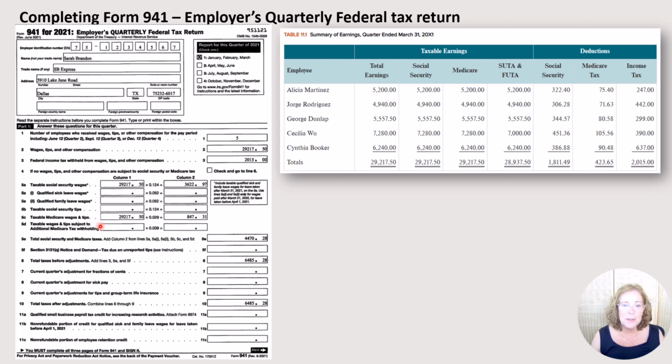So the next step is to sum up Medicare and Social Security tax liabilities on row 5E for a total of $4,470.28, and then add the income taxes on row 6 for a total of $6,485.28. There are no further adjustments, and our total taxes after adjustment is $6,485.28. In our example, the employer made deposits of $6,485.28, and that amount is entered on row 11.